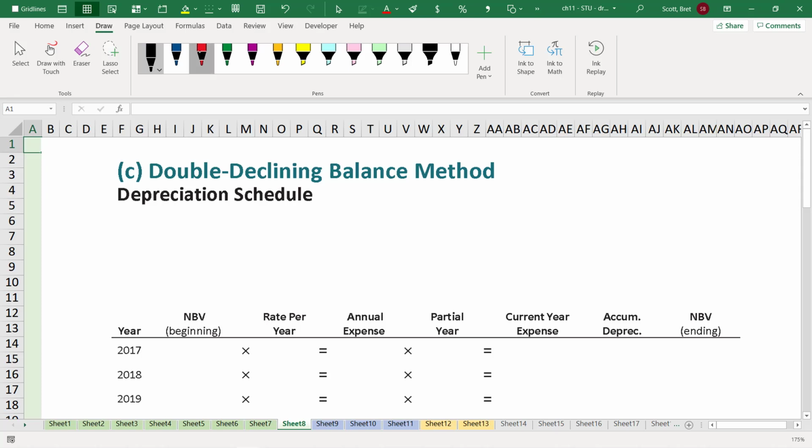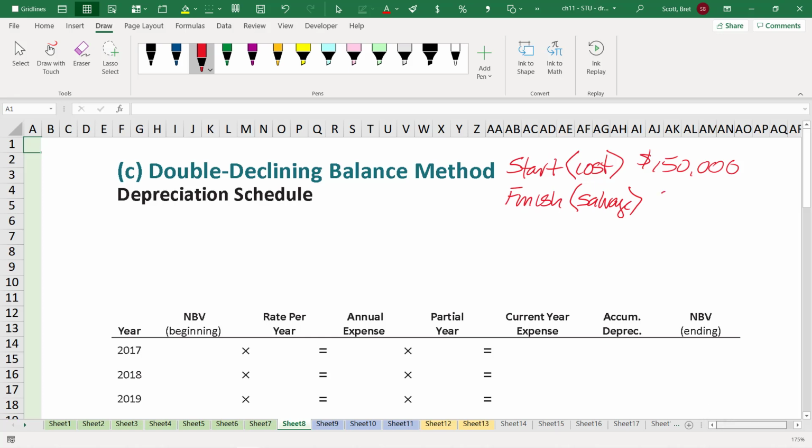All right, so again, figure out a start, figure out an end, okay? Calculate a double declining rate from the straight line. The starting point was the cost. Start with cost. That was 150. Finish with salvage.